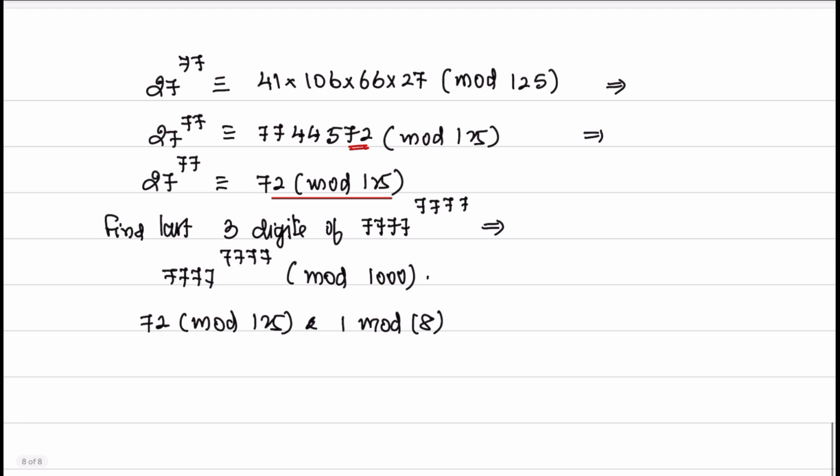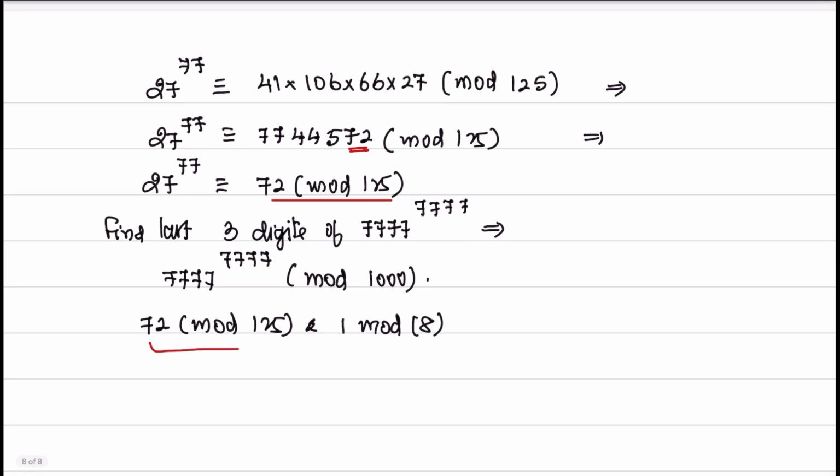When you combine these two, you will get the answer. This is also for 7777 to the power of 7777. This is also for the same value. We have to combine. This is with the mod 125 and this is with the mod 8. Two different mods are there, hence we have to combine them.